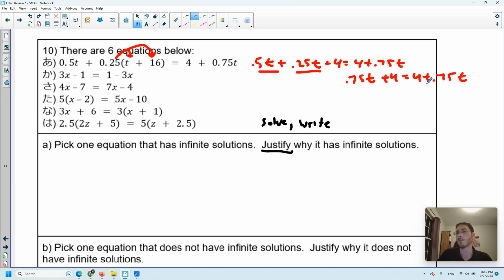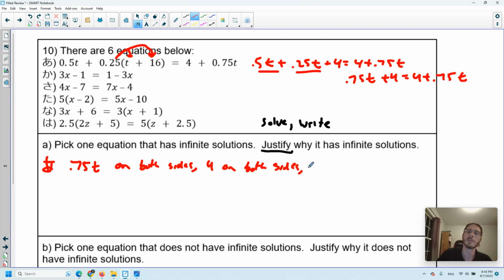And at this point, I would either take my writing option and say we'd have 0.75t on both sides and 4 on both sides. So it has to be infinite solutions.